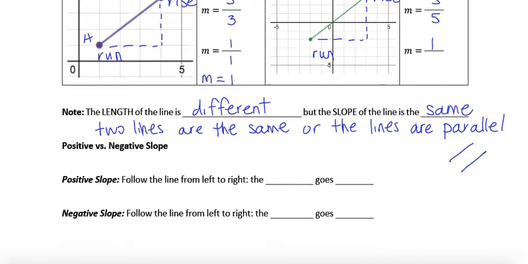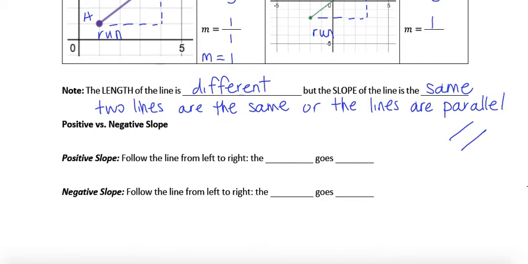You may also remember learning about positive slopes versus negative slopes. We want to follow the line from left to right, just as if we were reading a book. When we follow the line from left to right, if the rise goes up, then it has a positive slope. Both of the examples above are positive slopes. It's a diagonal line going up.